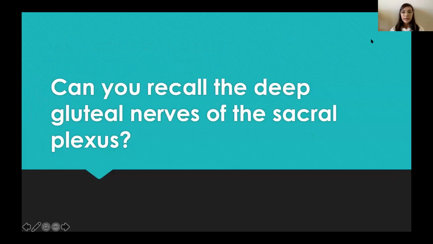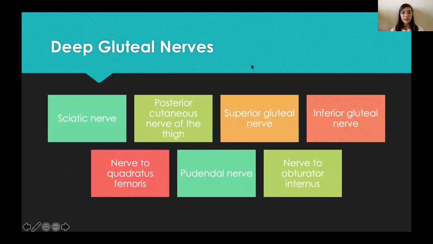So question for you guys to think about, can you recall the deep gluteal nerves of the sacral plexus? So we know that study-wise we can think of the sacral plexus innervating all of our deep gluteal muscles, but for those of you who want a little bit more detail and understanding as to which specific nerves are innervating those muscles, I've created a little chart here that's color-coded. So you can read these off.